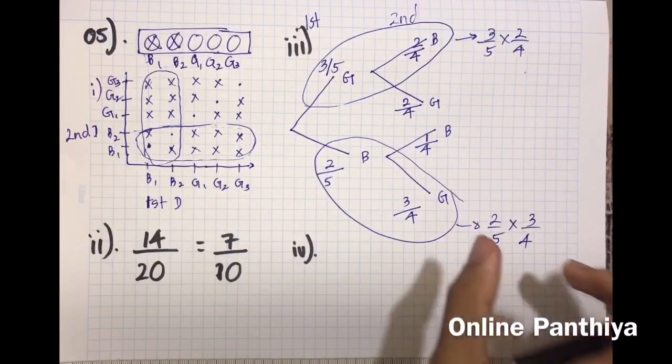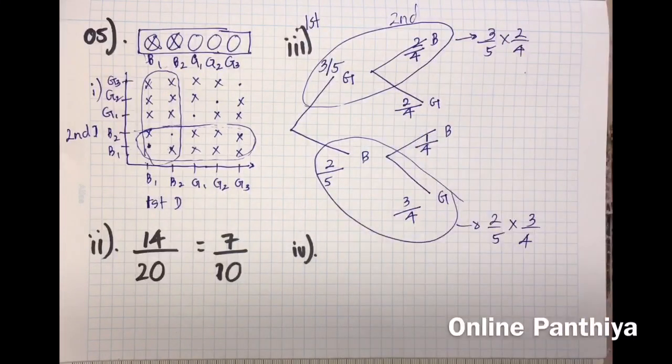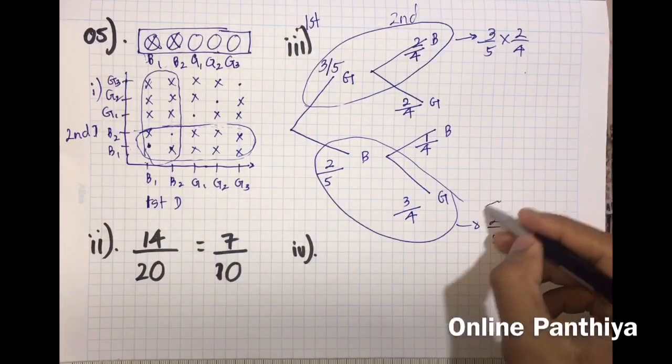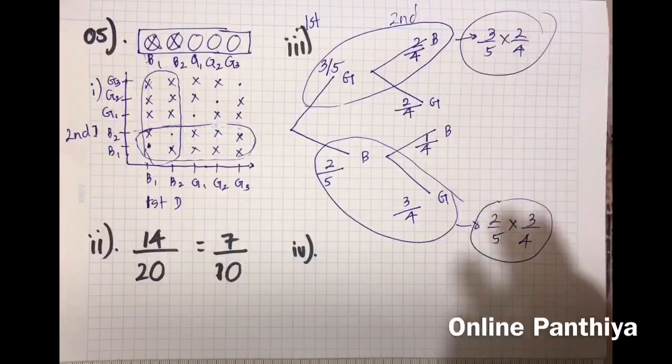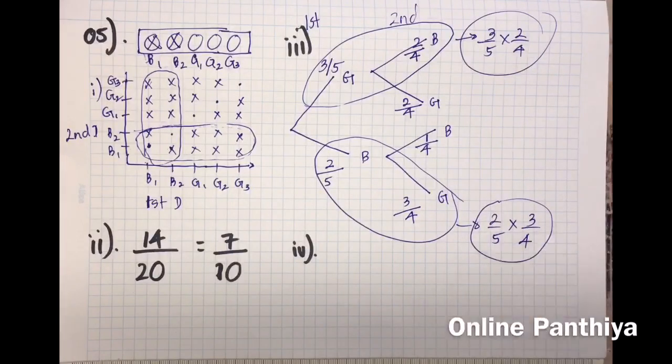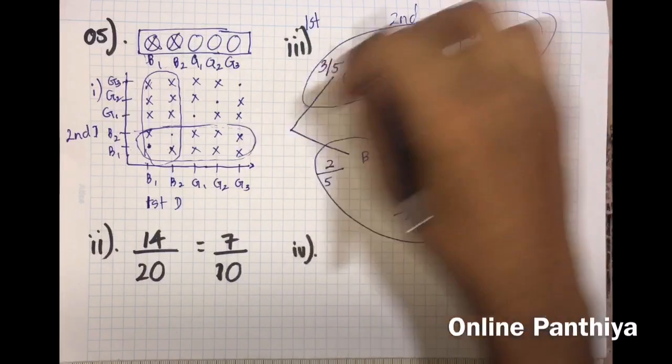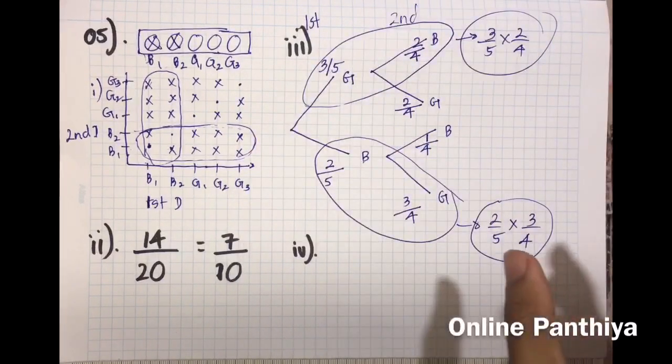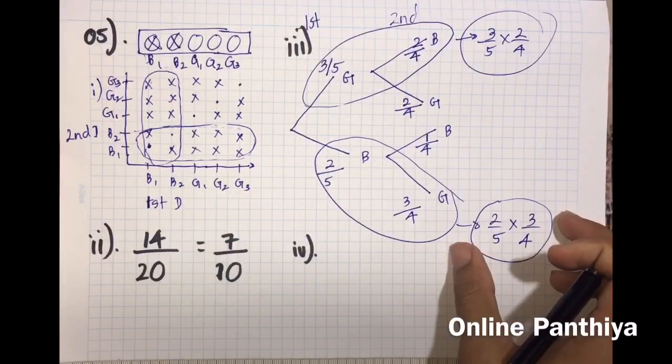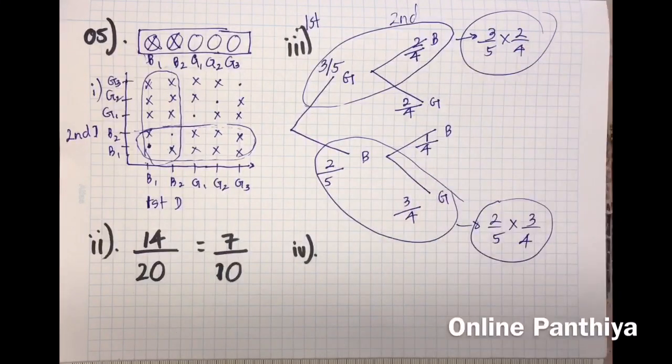Now you have to find the total of this and this. Now people confuse. They think that you have to multiply. Okay, it is wrong. What you have to do is, since these are two different branches, you have to add the value you get here plus the value you get here. Understand?